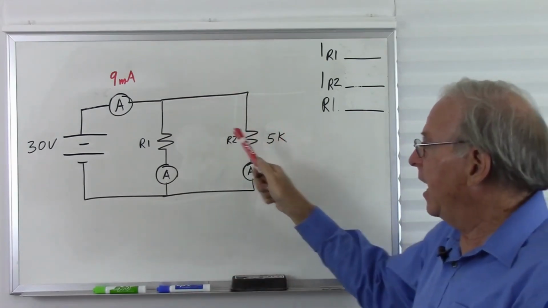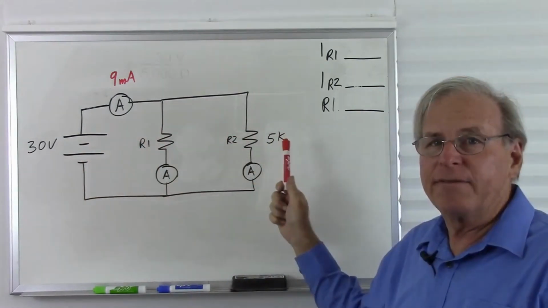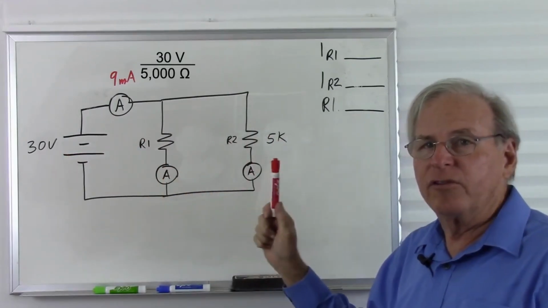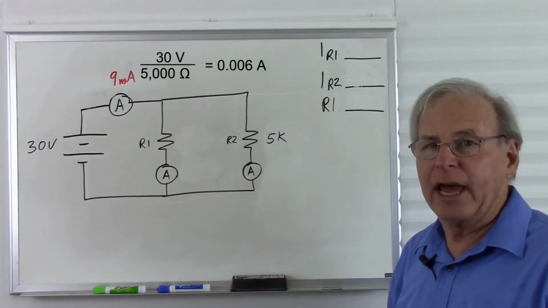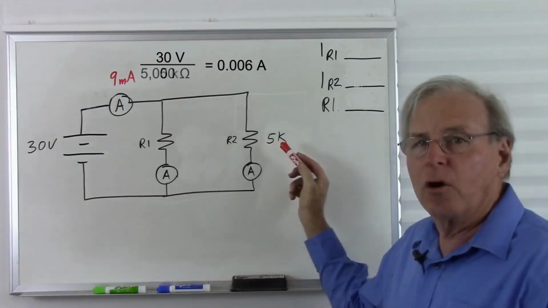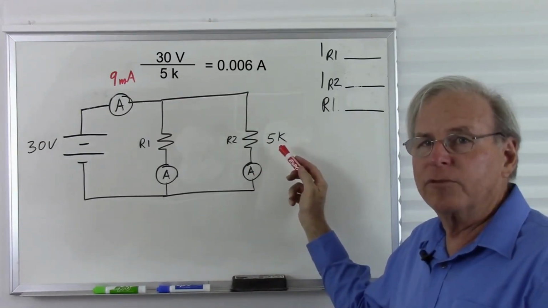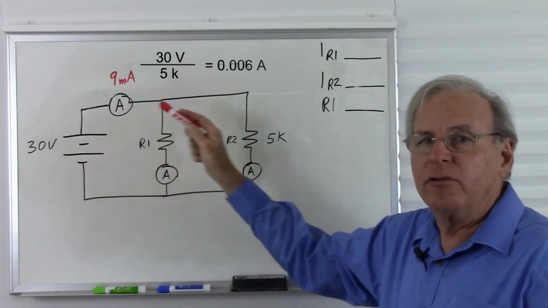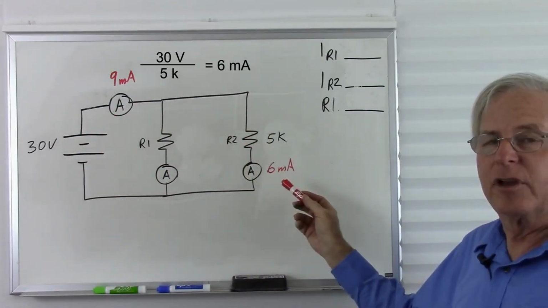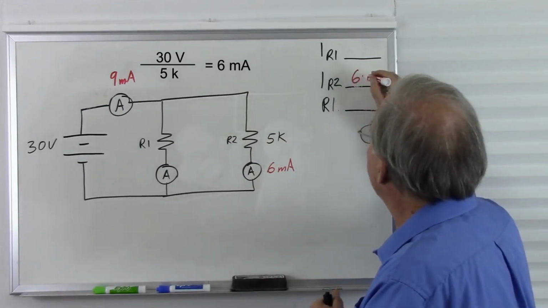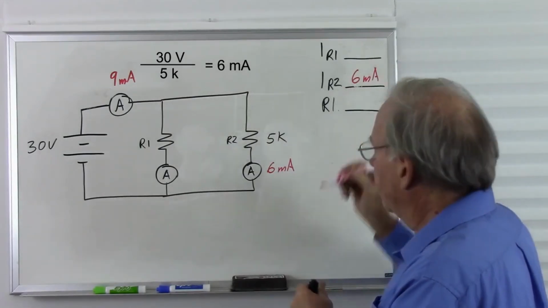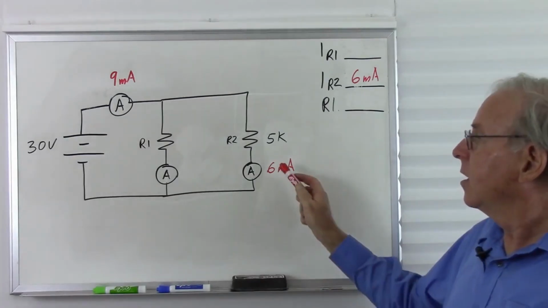So we have 5K and 30 volts. So 5,000 goes into 30 0.006 times, giving us 6/1000ths of an amp, or 6 milliamps. Or we can say 5 kilo ohms divides into 30 volts to give us 6 milliamps. So the current through R2 is 6 milliamps.